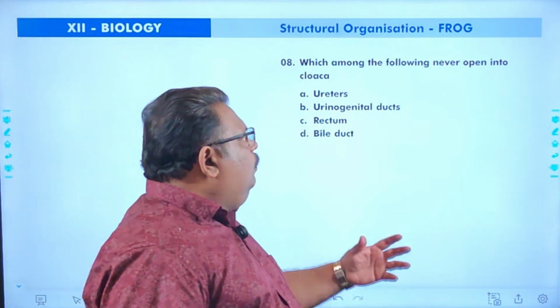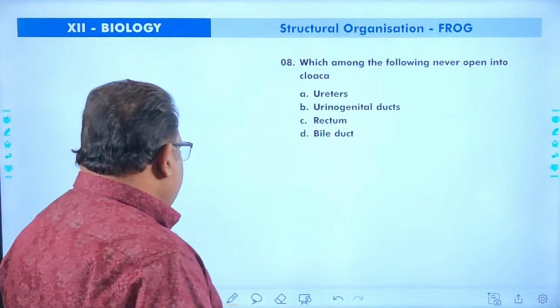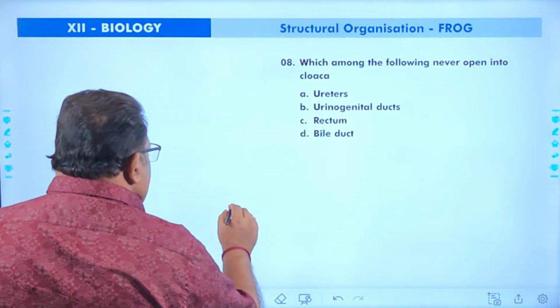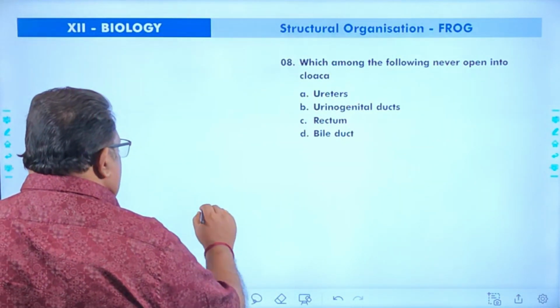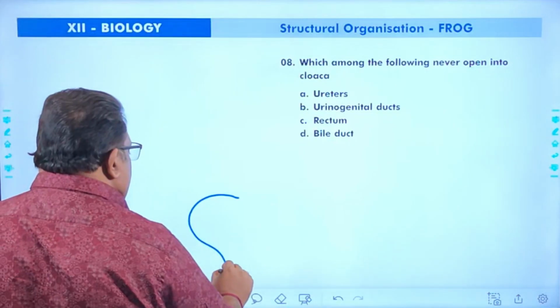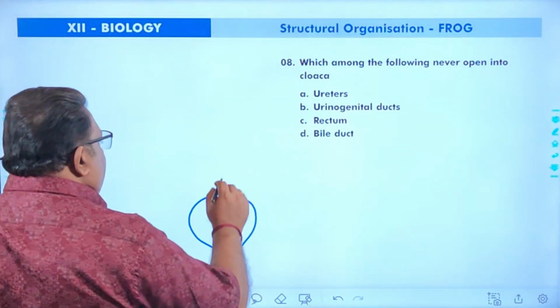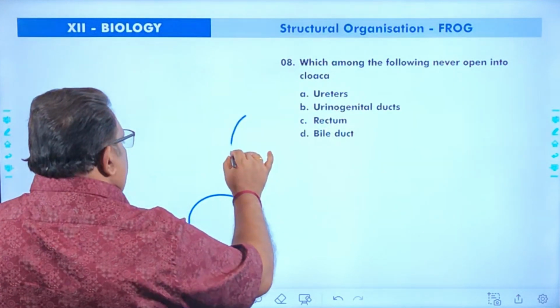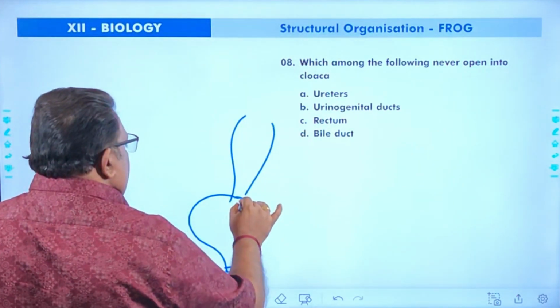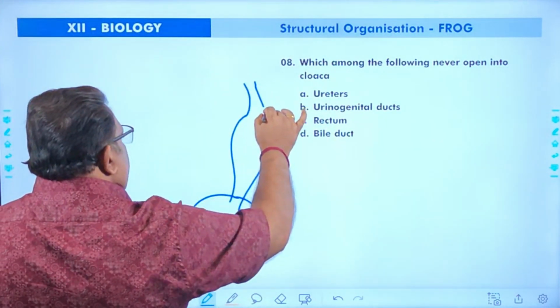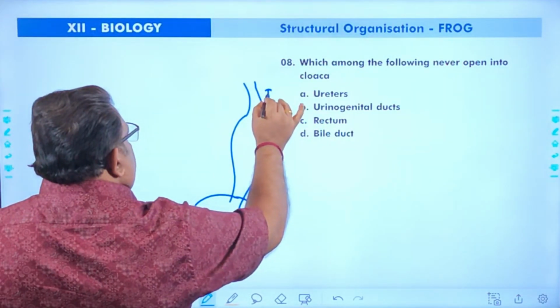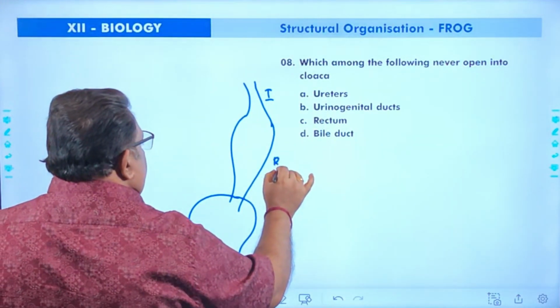Next one, which among the following never opens into cloaca? So cloaca is a common chamber. Suppose this is a chamber and the cloaca opens out as a cloacal chamber. Here the rectum opens. This is the intestine, this is the rectum.